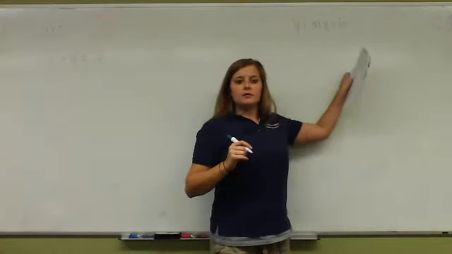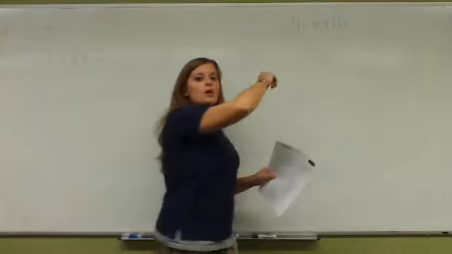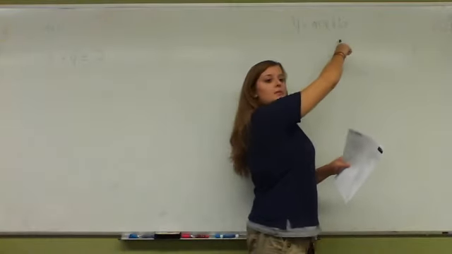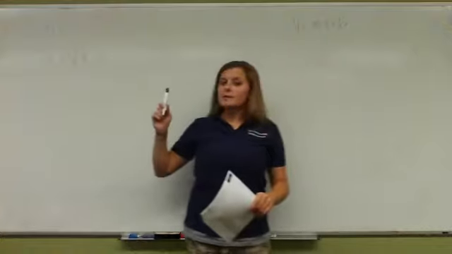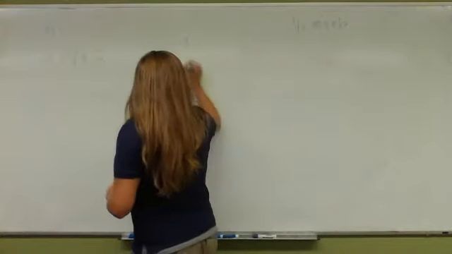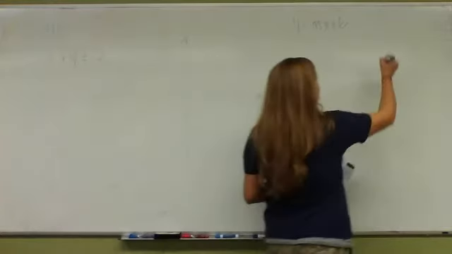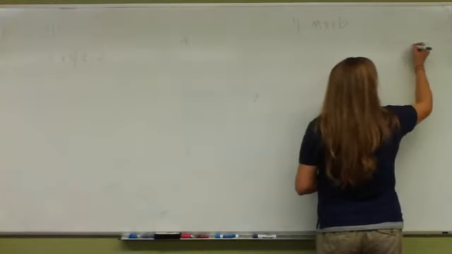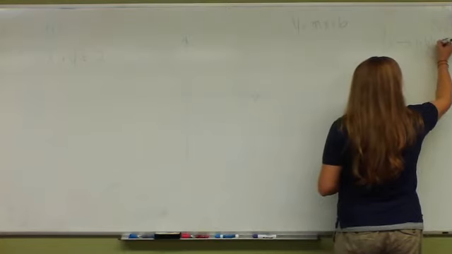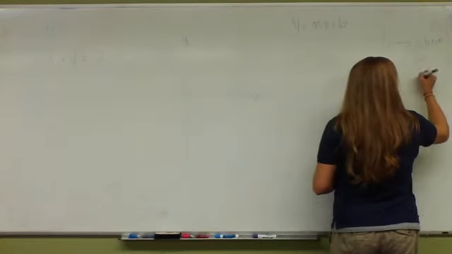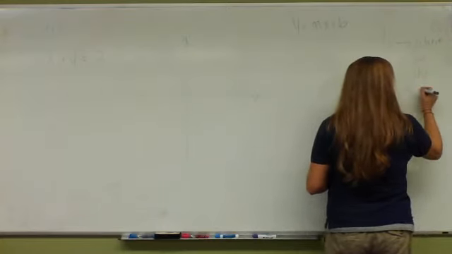Slope-intercept form. Yeah. Okay, I want to put this in this form because this number right here, b, tells me where it's going to cross my y-axis.